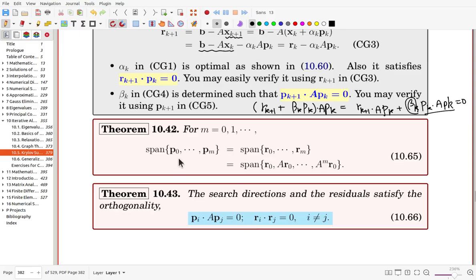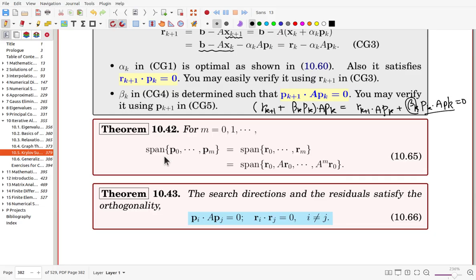Of course, here for each stage, after m iterations, consider p_0 to p_m and r_0 to r_m, and r_0, A r_0 and so on. If we consider the span of these vectors, then they are all the same. These are called the Krylov subspaces.